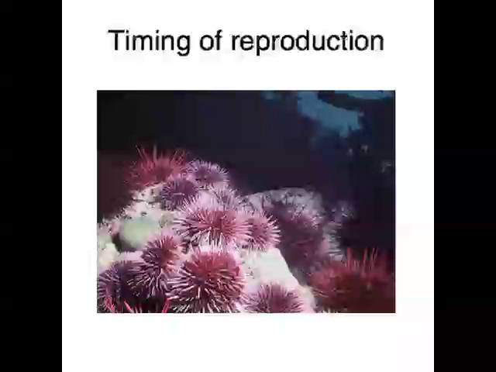They use chemical communication with each other, but they also respond to environmental cues. They might release their gametes at a particular time of day, maybe just after darkness, but also at a particular time of year, maybe when there's going to be lots of food around to give their young the best chance of survival. So, they time their reproduction.